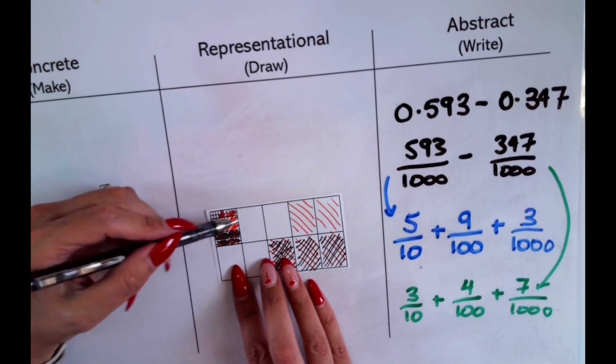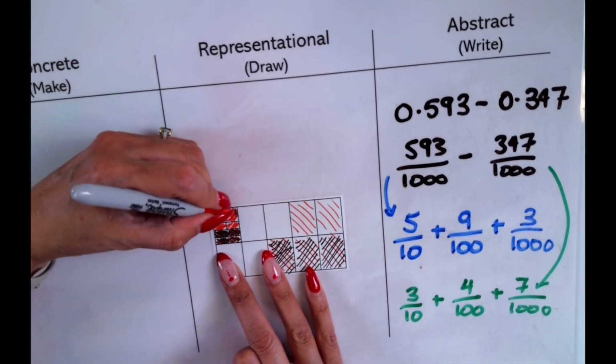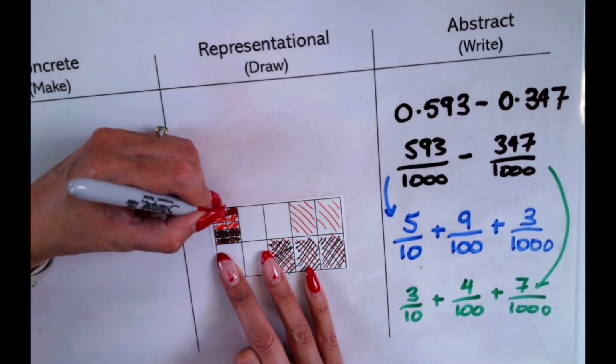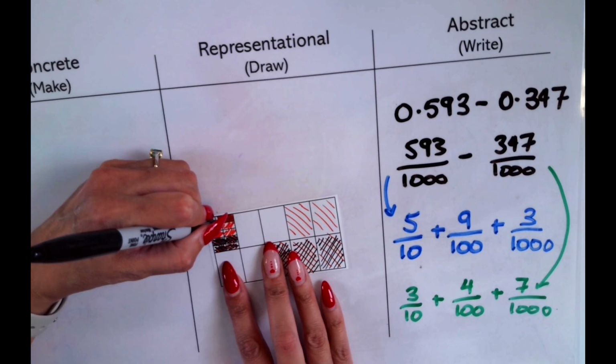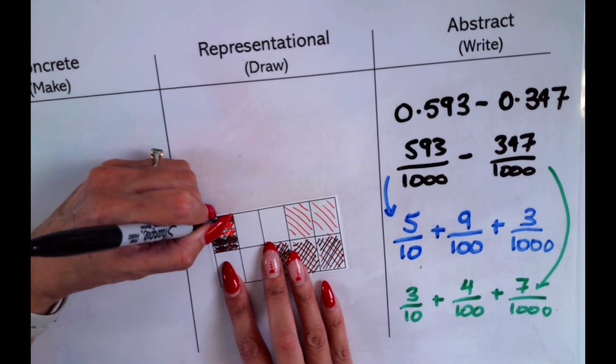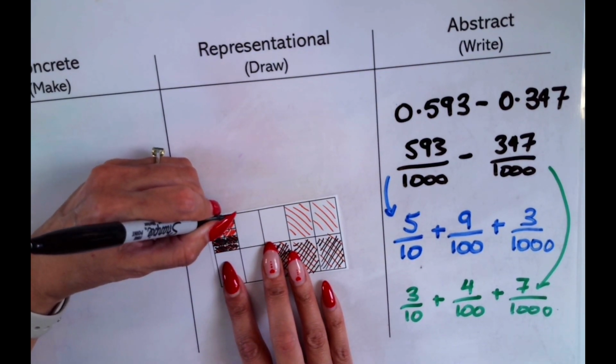All right. Now this whole thing was shaded in orange, remember? So every single one of these thousandths was shaded. Now I want to subtract 7 of those. So I'm going to remove 1, 2, 3, 4, 5, 6, 7.